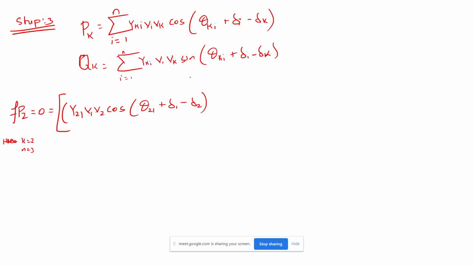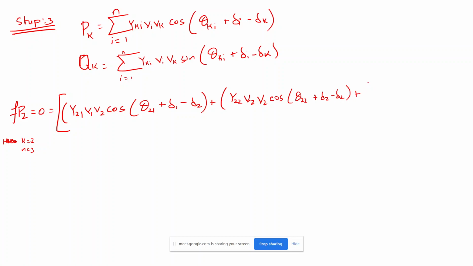So the second summation is plus Y22 V2 V2 cos of (theta 22 plus delta 2 minus delta 2), because k is 2 and i is also 2. This will be cancelled while solving the problem.